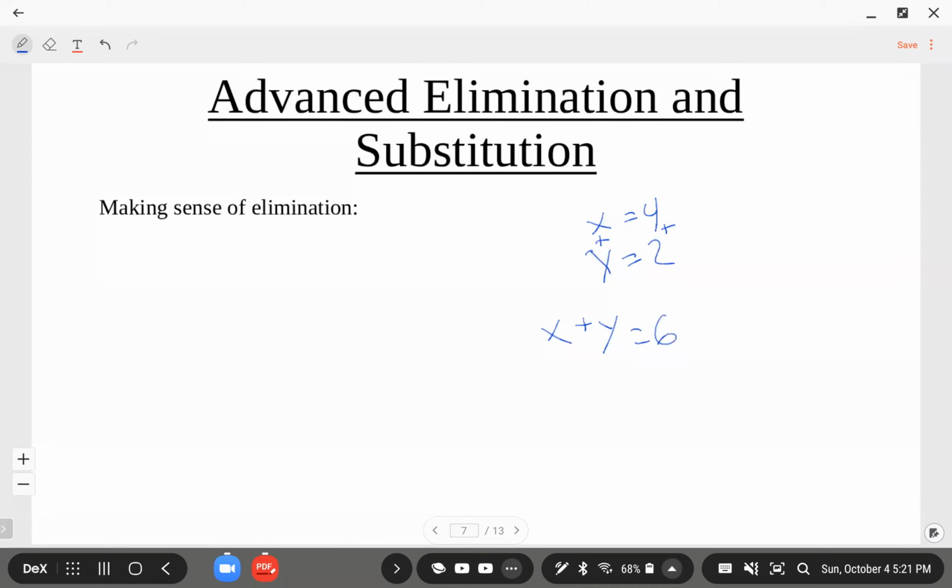That is 6. And here we get x plus y equals 6 again. So with that, I can prove that you can actually add and subtract equations, and we can use this to our benefit to eliminate some variables.